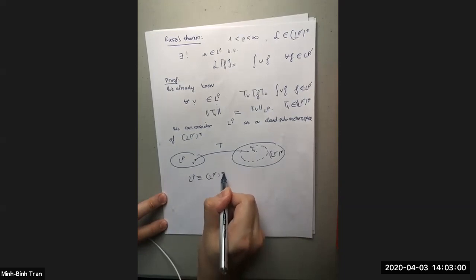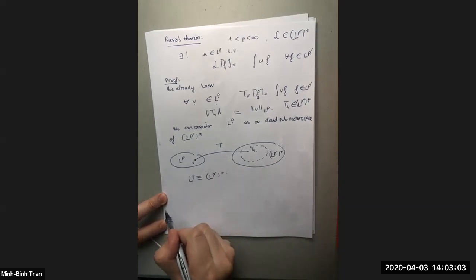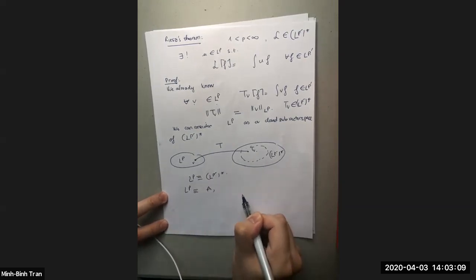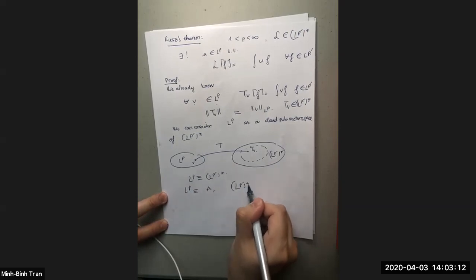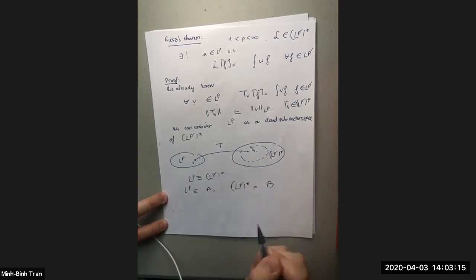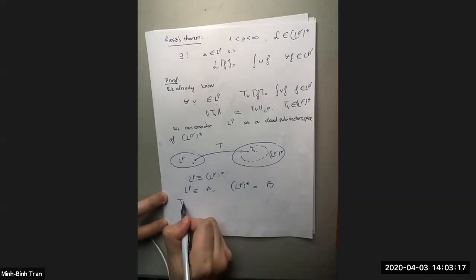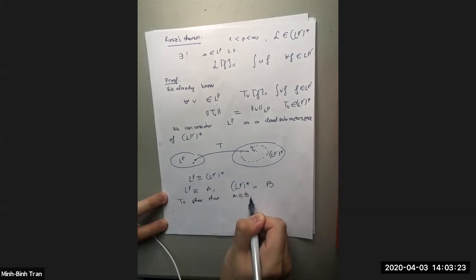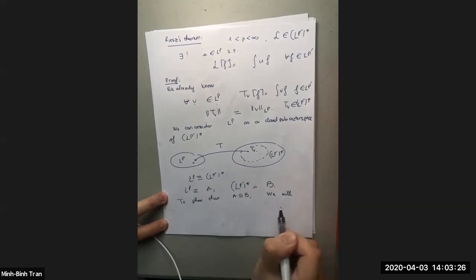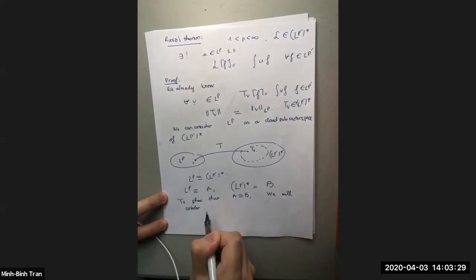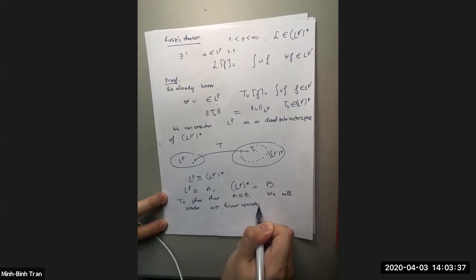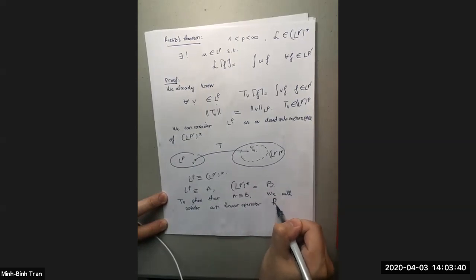So we suggested a strategy. We said that L^p will be this vector space A, and (L^p')* will be this vector space B. To show that A and B are the same, we will consider a linear operator, which I call H, in B*.